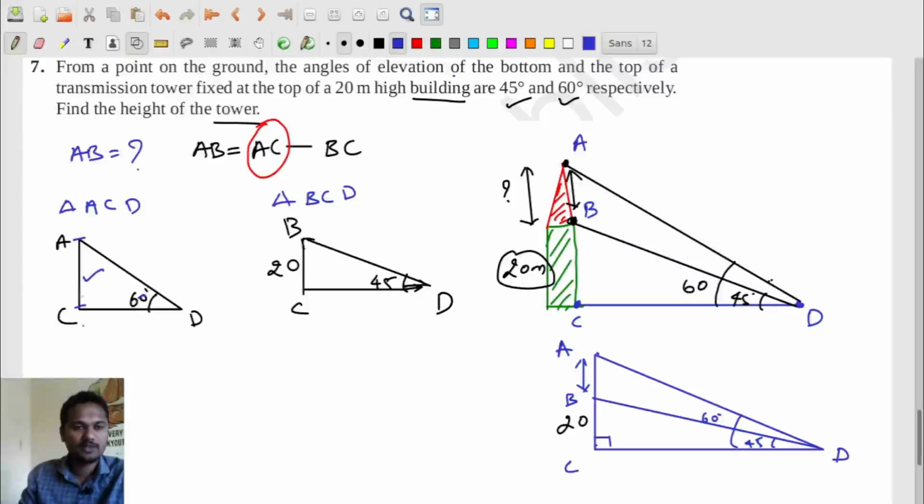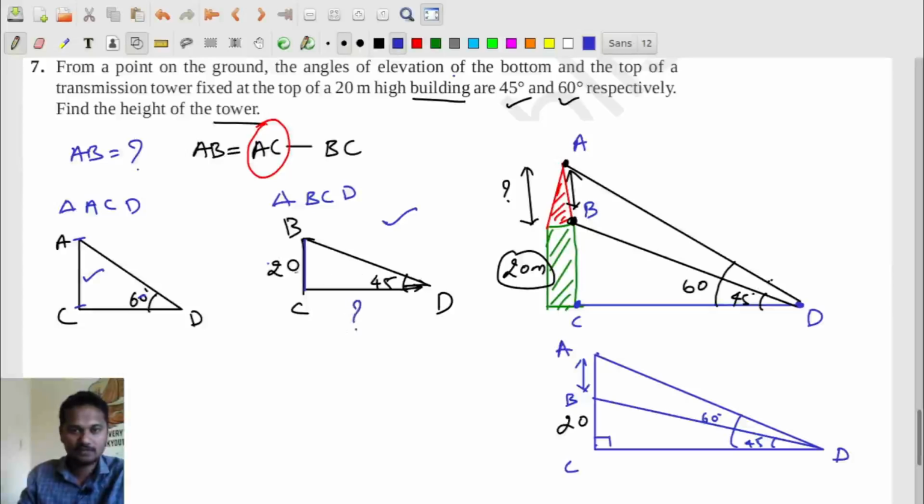We need at least one side to find this AC, so that side CD can be found from this triangle, because we know BC is 20, and the angle, and we need this CD.